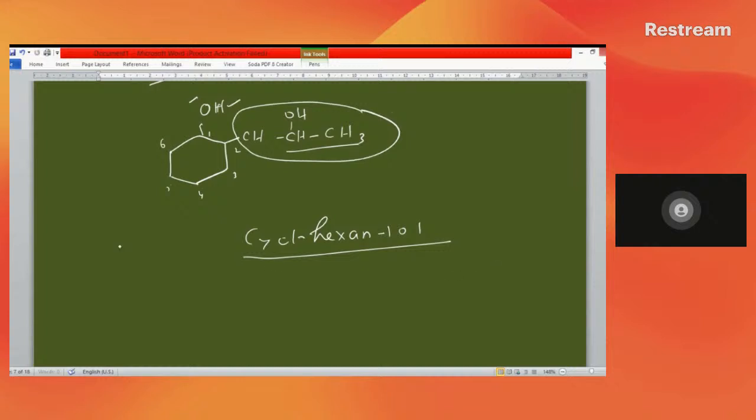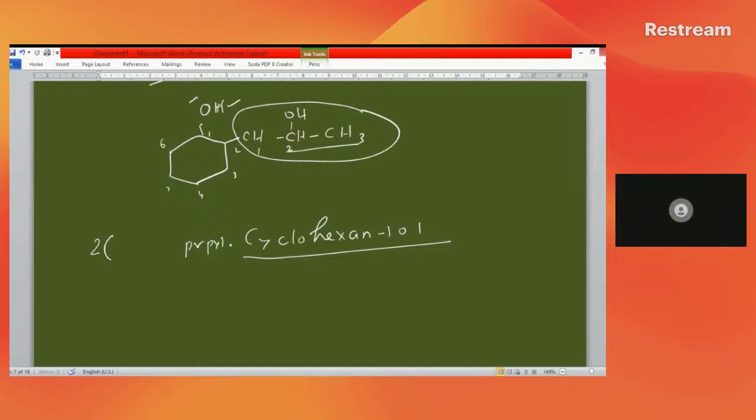That attachment is found at the second position, in which totally 3 carbons are present. So I can call it propyl. But the second position of that propyl is having a hydroxy group. 1, 2.